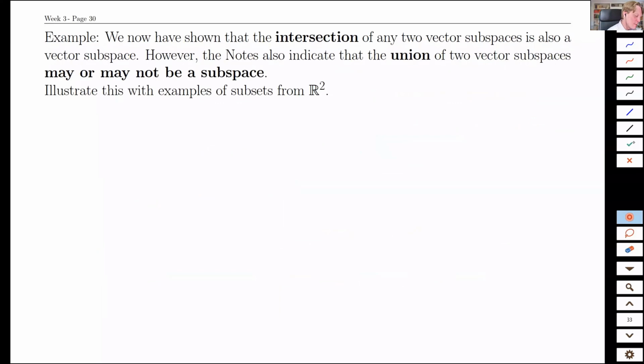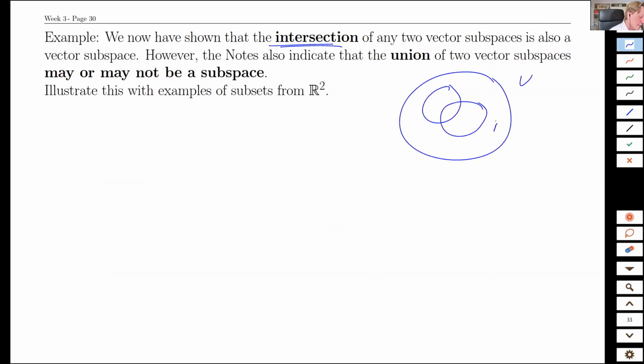Okay, I'm gonna take you 2 minutes just because this one's an easy one. We just did intersections. What if we had those same two sets, A and B, and what if we union them? Would that be okay? And the answer is, no guarantees.